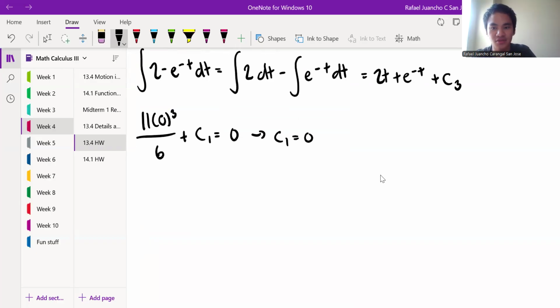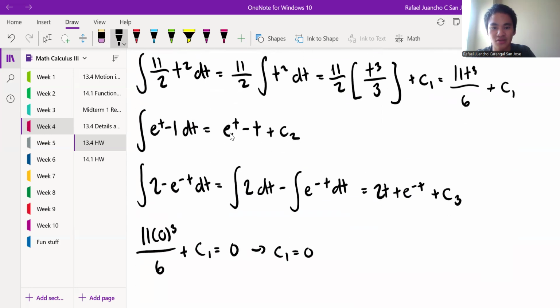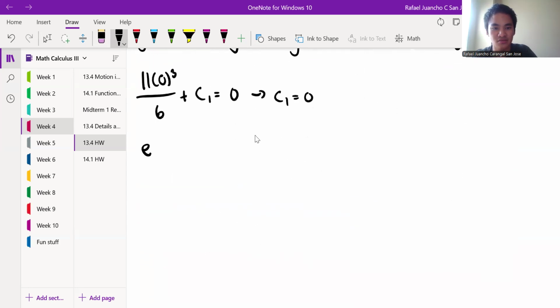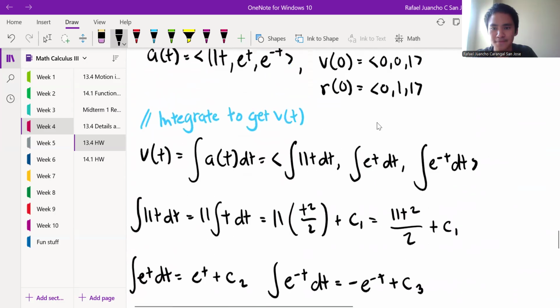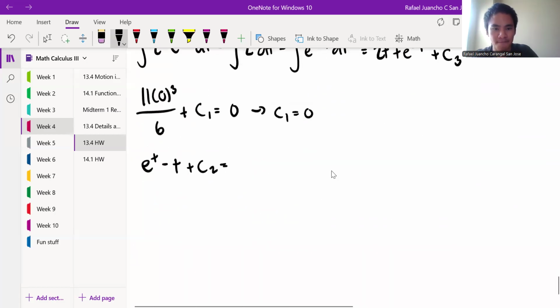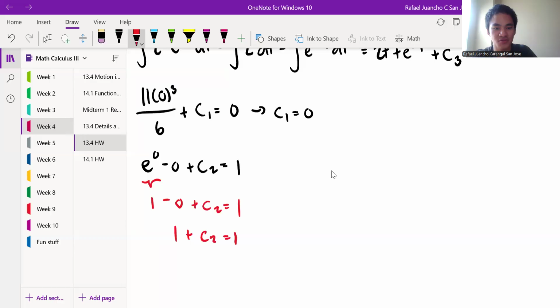Okay, let's do the next one. We do e to the t minus t plus c2. This is equal to 1. I say this is 0, this is 0. So this is 1 minus 0 plus c2 equals 1. So this is 1 plus c2 equals 1. This is 0. c2 is 0.